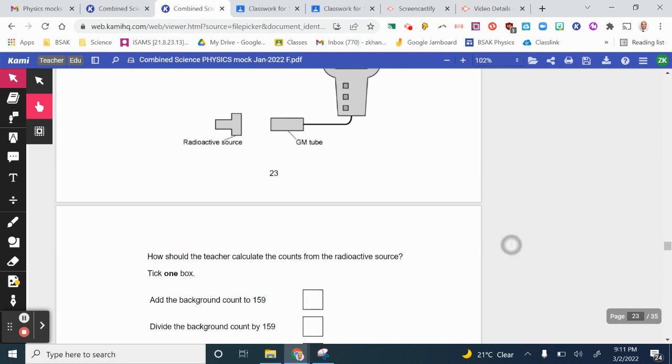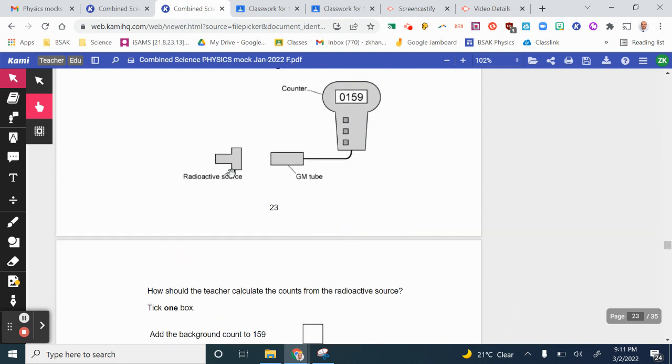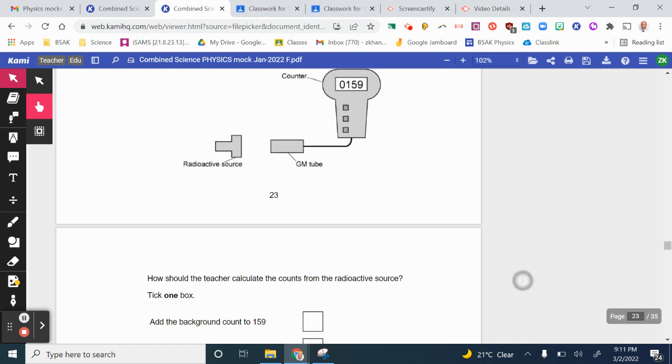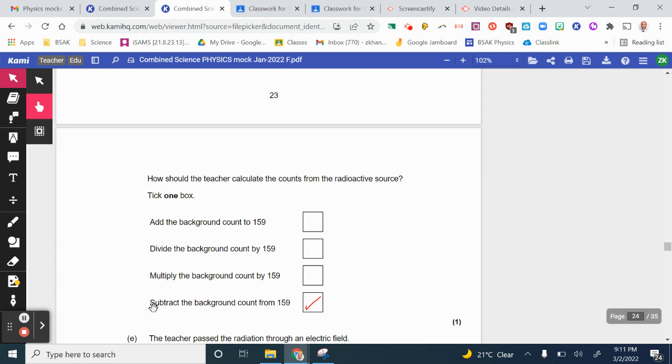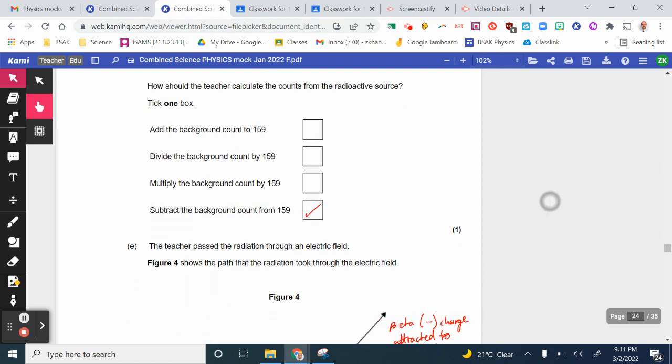So, what we need to do to find the correct reading for the radiation the source gave out is remove the background radiation. So, subtract the background radiation from 159 to get the actual radiation coming out of the radioactive source.